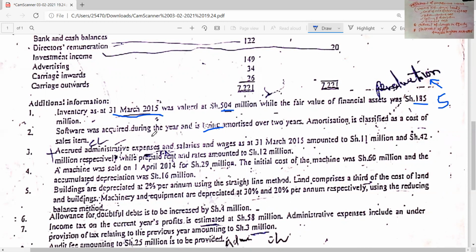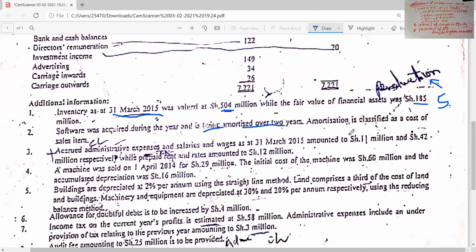Like goodwill, we say it is impaired. So other intangible assets, we can say they are amortized. That is why they say it's amortized over the 2 years.